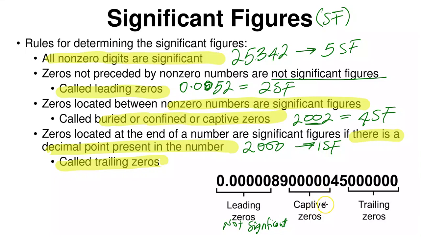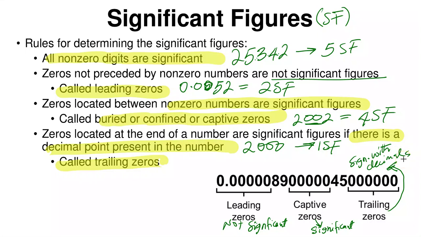The captive zeros are always significant. And then what about the trailing zeros? The trailing zeros are significant with a decimal. In this case here, these zeros are significant because there's a decimal. So those are the common types of zeros we're going to be seeing.